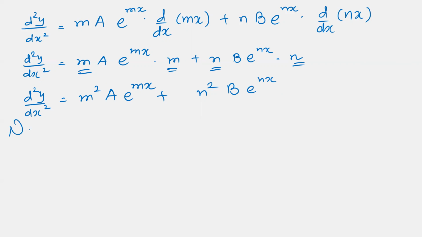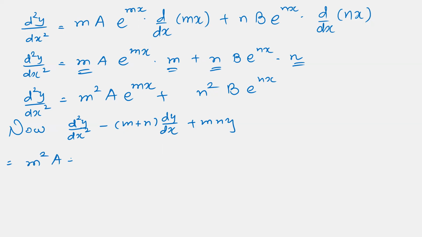Let's start. So now we have d2y by dx2 minus (m plus n) into dy by dx plus mn y, which is equal to d2y by dx2, which we already found, so substitute it.